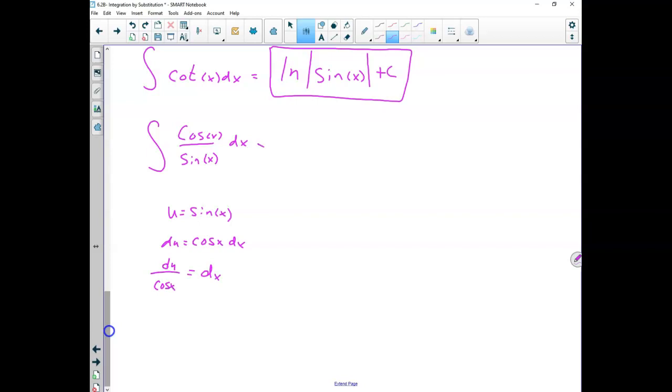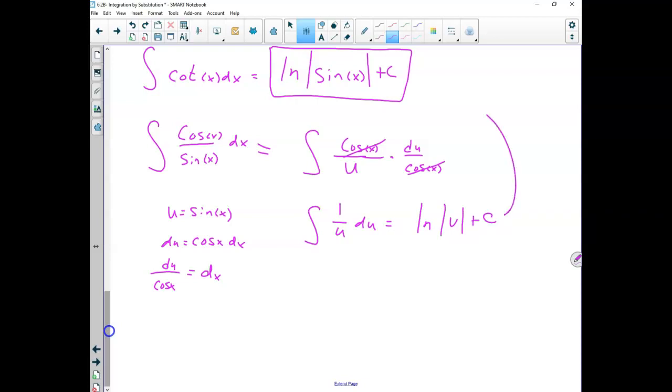If I rewrote this integral, there's my u, here's my cosine x, but my du is du over cosine x, and that cosine x cancels out, so it actually turns into the integral of 1 over u du, which is ln absolute value u plus c, which when I back substitute in my u, I get the top, okay?